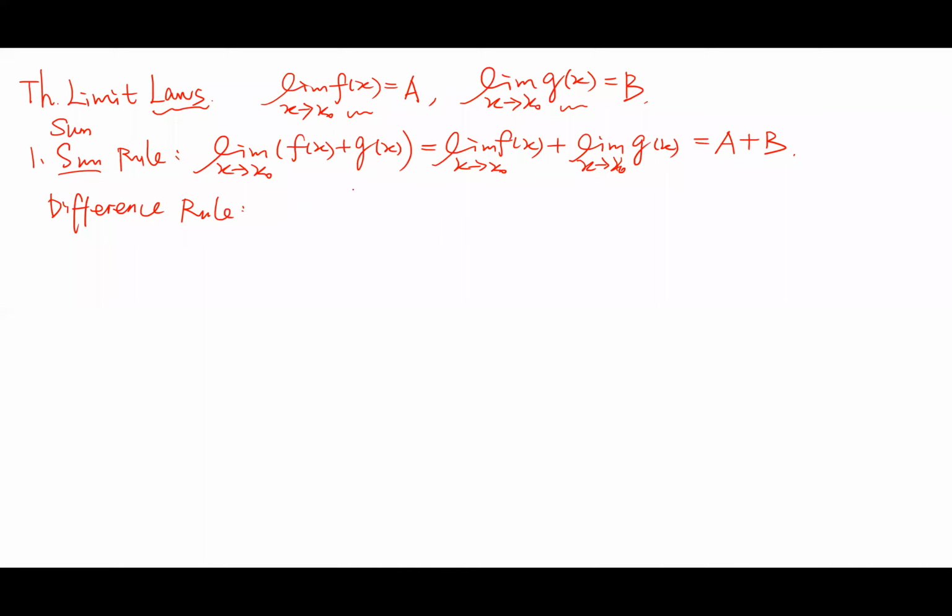Okay, so this means the limit of f of x minus g of x as x approaches x0. Now we know that equals a minus b. Next, we have the product rule.